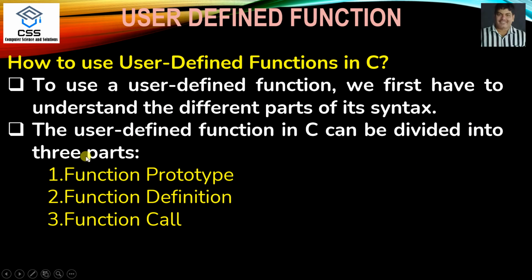To define it, first we have to understand its parts, and a user defined function is divided into three parts. One is function prototype, means how the value passes and how the value will return is determined by the function prototype. Function definition, where the block of code is to be written. Function call means where the function will be called, that is the calling block, because the calling block is known as your caller and the called block is known as your callee, and a function always calls from the calling block to the called block.